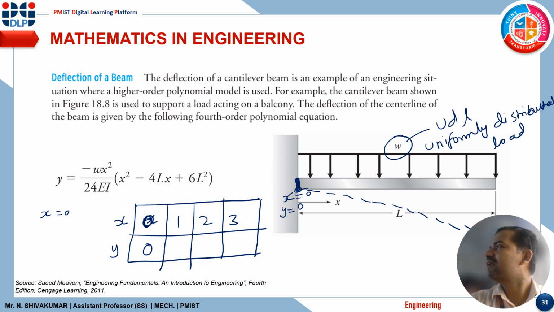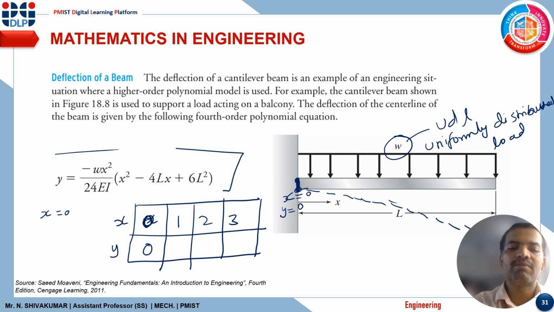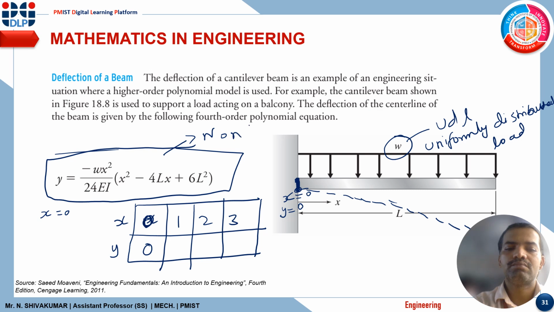It is not a linear one. It follows a curved path. When it follows a curved path, that is a non-linear model. So this is an example of a non-linear problem.